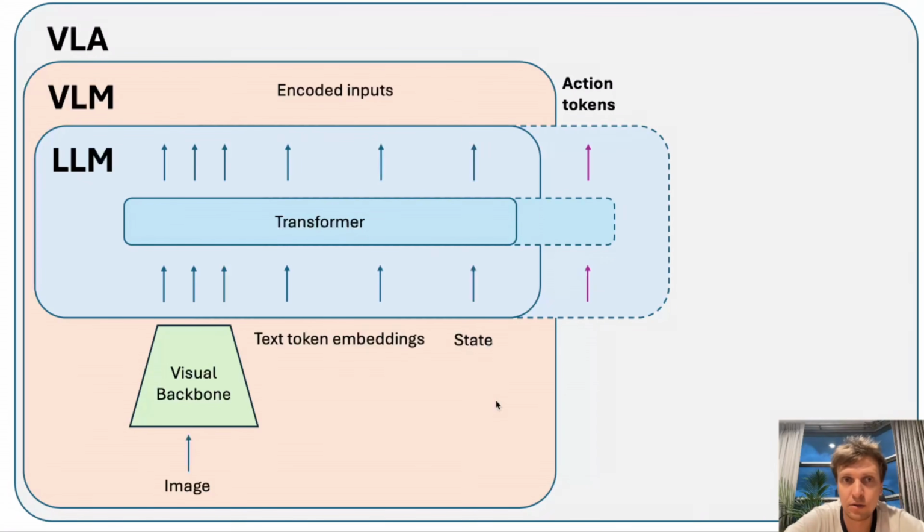One of the ways to do it is just to take the existing dictionary of all the tokens, take the least popular tokens in this dictionary and replace them with actions. So just tell the model, okay, these tokens don't mean text anymore. They mean some robot actions. And at the same time, you get these action tokens from the actual robot data.